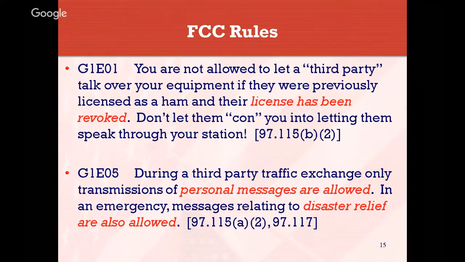They've never been licensed. They're considered to be a third party in your shack. And say you're talking to Guido over in Italy or something, and you've got your friend who's Italian as well, and maybe he even has family over there.